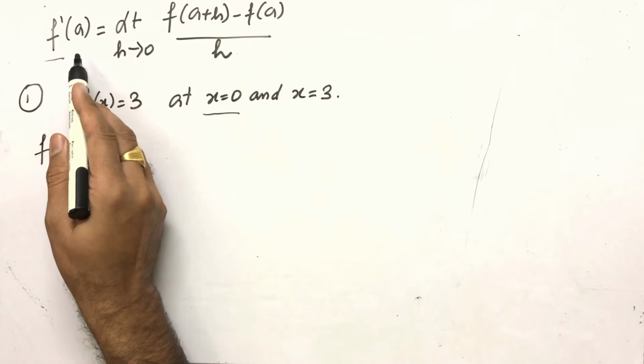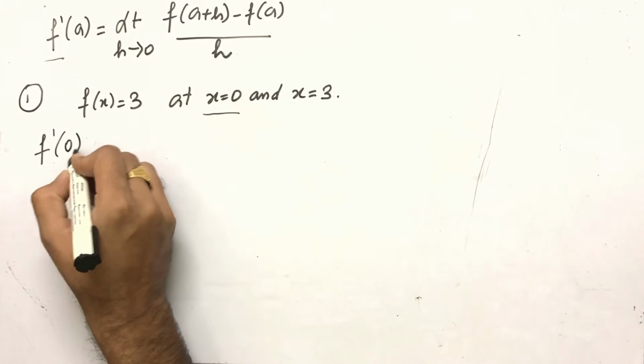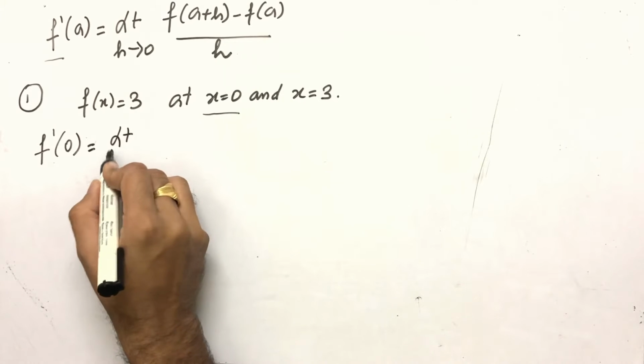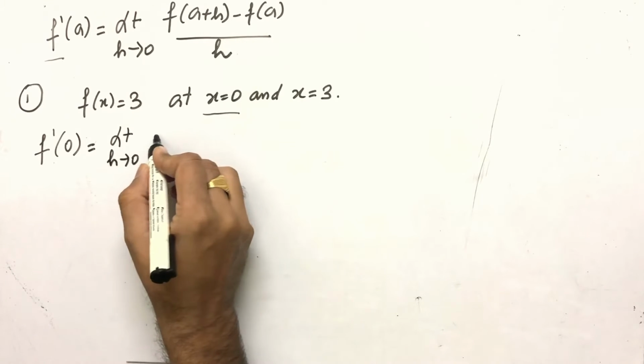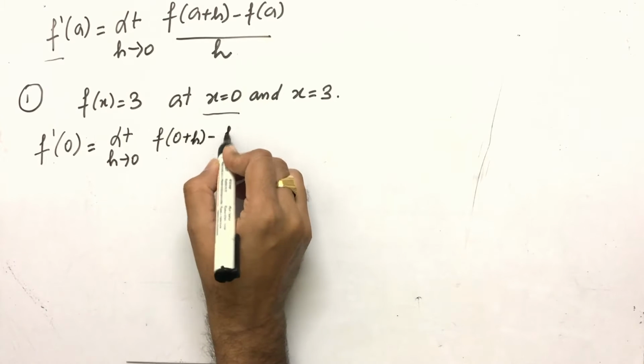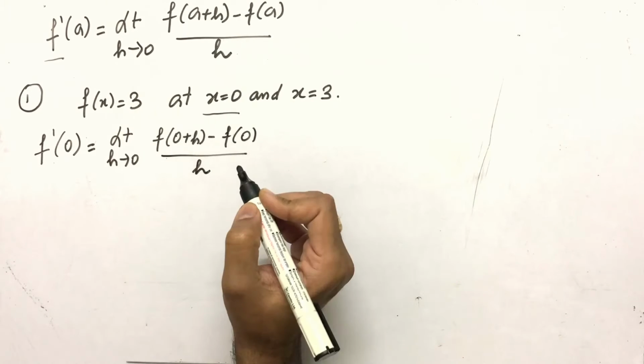As per the definition, here a = 0, so f'(0). Putting values here, it becomes limit h tends to 0, [f(0 + h) - f(0)] / h.